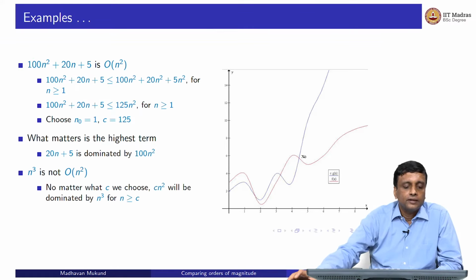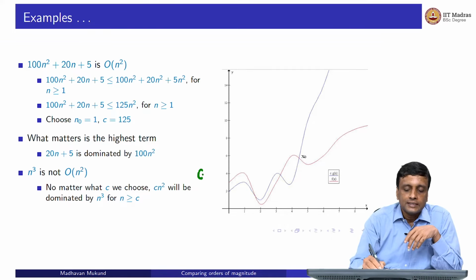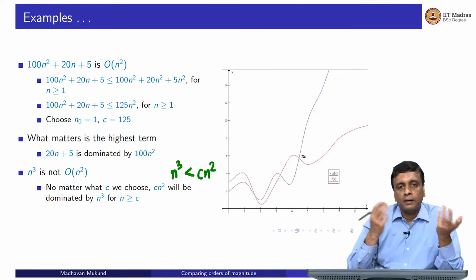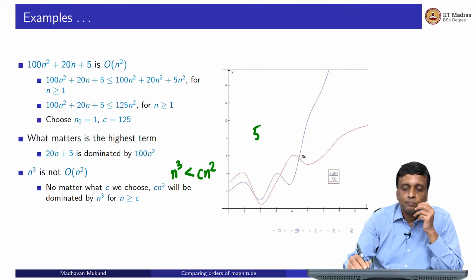The highest power is what matters, right. By the same token, if I look at n cubed, then it cannot be O of n squared, because if it is, then I will get something like c times n squared, and I will want n cubed to be less than c times n squared for all n above a certain value. But remember we saw the particular example with 5000 n squared right at the beginning.